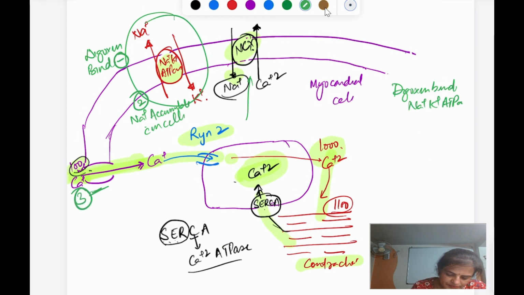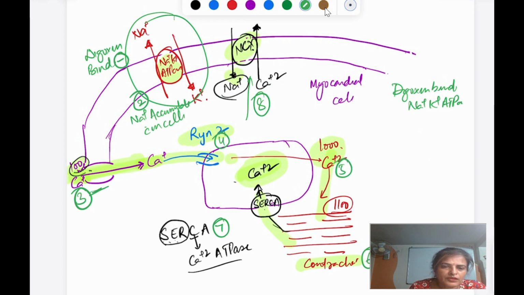Number 3 is this. Calcium enters. It is going to trigger the ryanodine receptor. There is release of a huge amount of calcium, which is going to cause the contraction. Then after the contraction, this is taken back by the sarcoplasmic reticulum, and a few amount would be exchanged with the sodium.